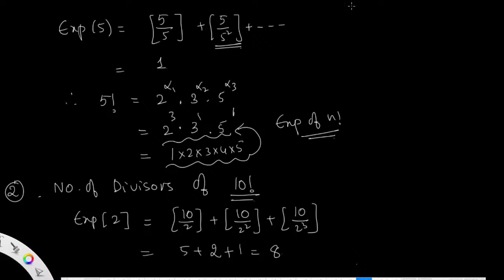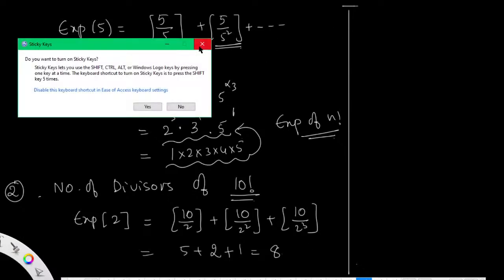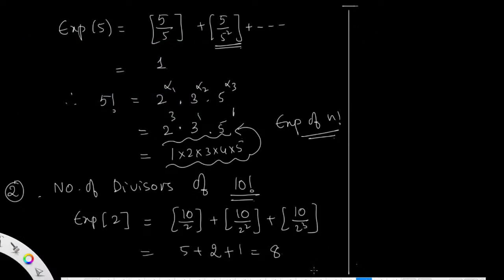Similarly, the exponent of the next prime number, that is 3. Among 2, 3, 5, let us take floor of 10 by 3 and floor of 10 by 3 squared. Don't take more than the number.